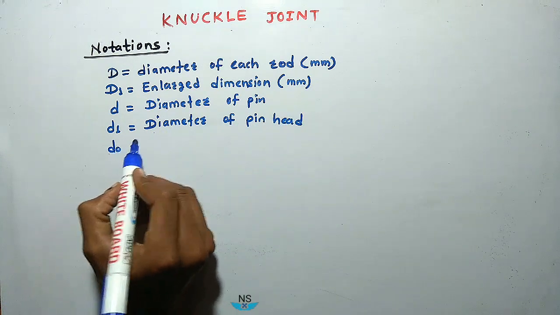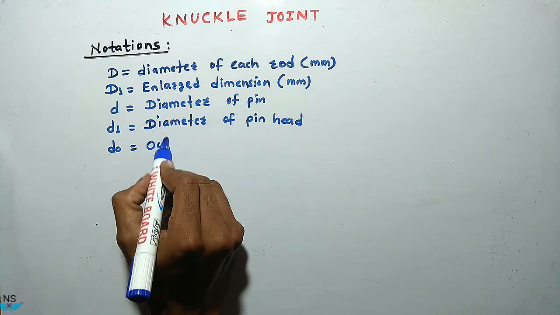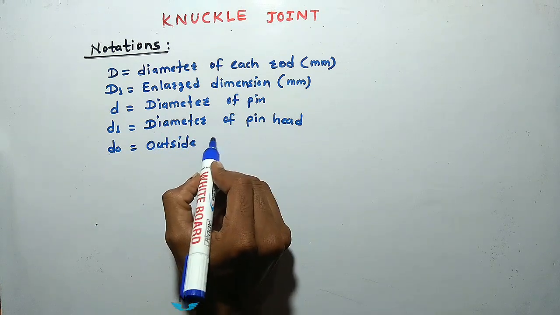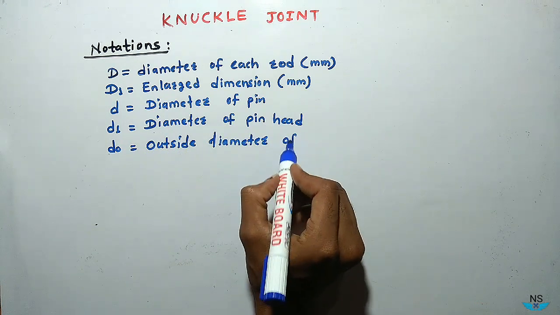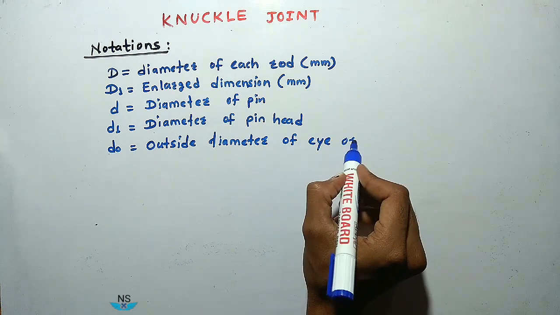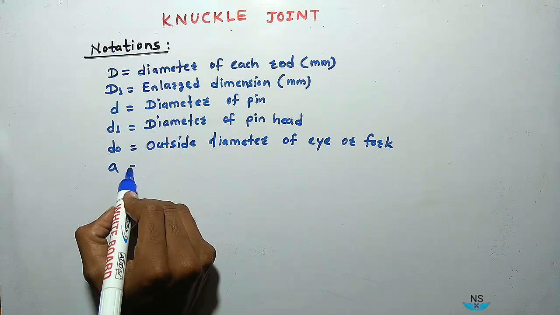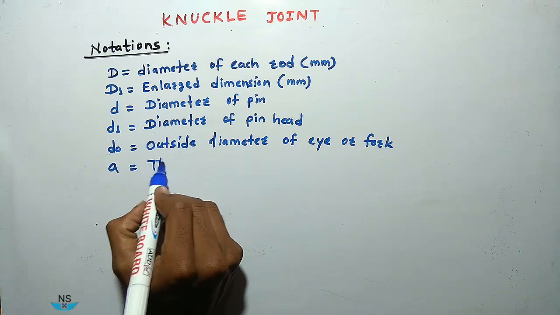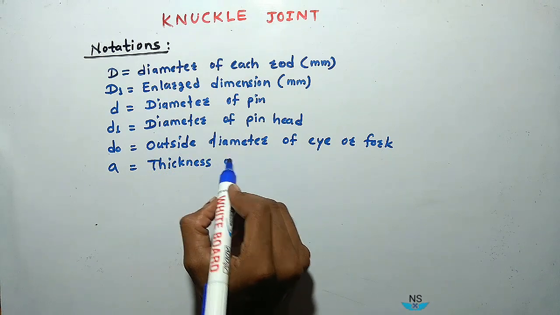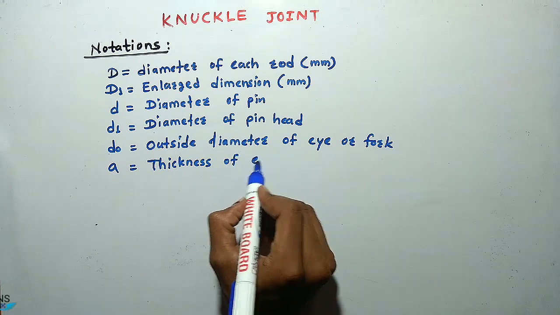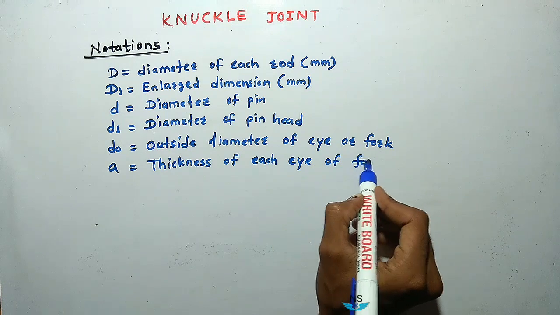Then d naught is the outside diameter of the eye or fork. Then small a is the thickness of each eye of the fork.